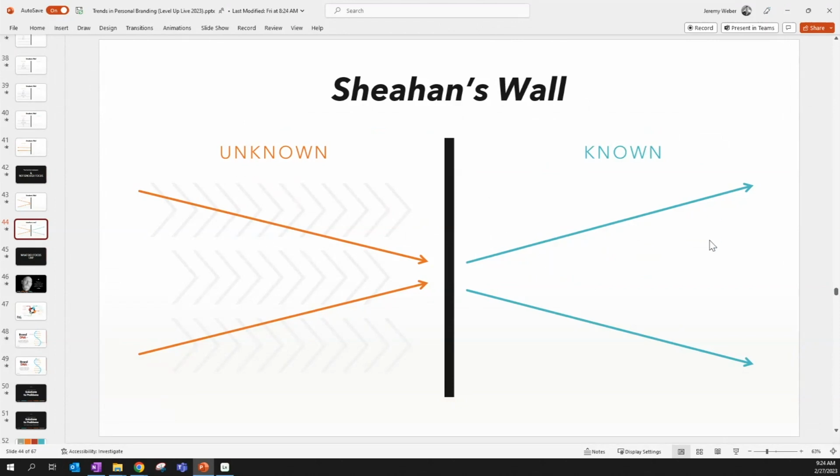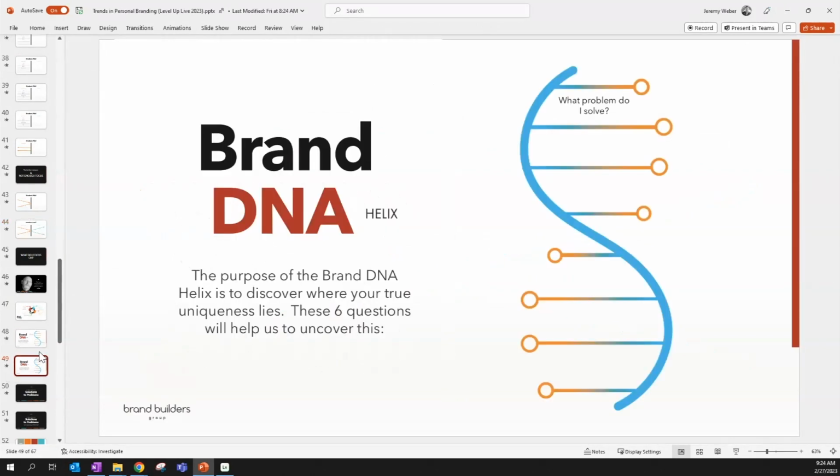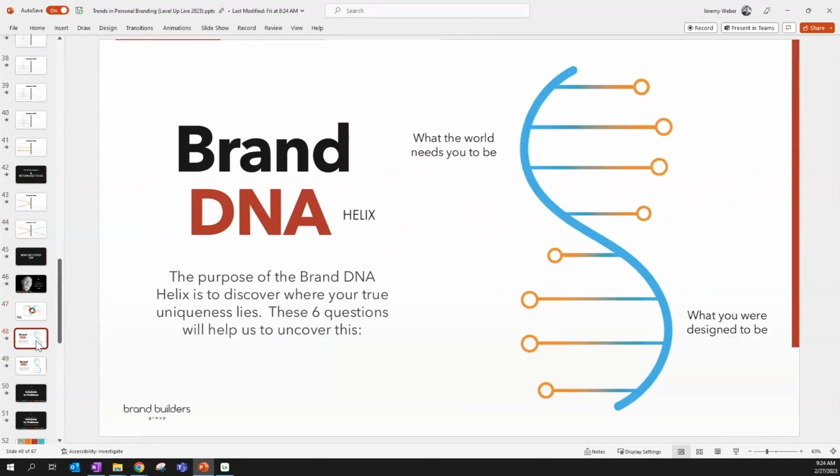Then another one that's killer is what we call our brand DNA helix. Phil, this is another framework diagram. A key first step to uniquely positioning myself in the market, me personally, or the business I'm focused on growing, is understanding my uniqueness. How do I figure out my uniqueness?